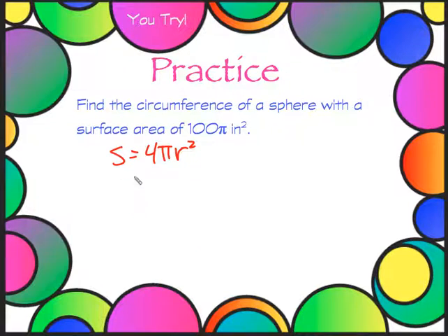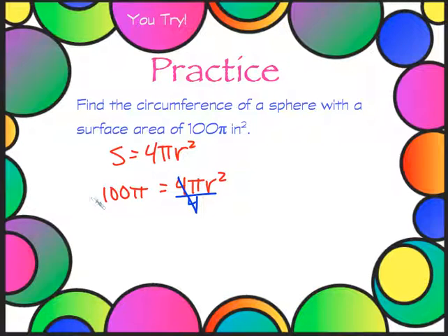Not impossible, but more difficult. So we have 100 pi for the surface area. So I'm going to plug 100 pi in for surface area and leave 4 pi r squared. I'm going to do this in separate steps just because it's easier for some people to see. You could divide by 4 pi all in one step if you would like.